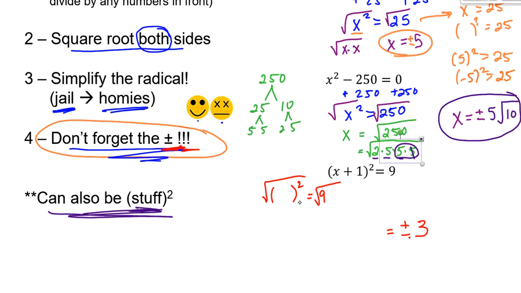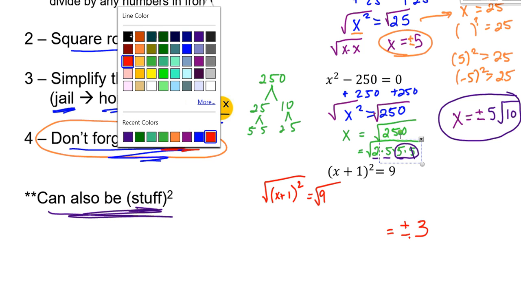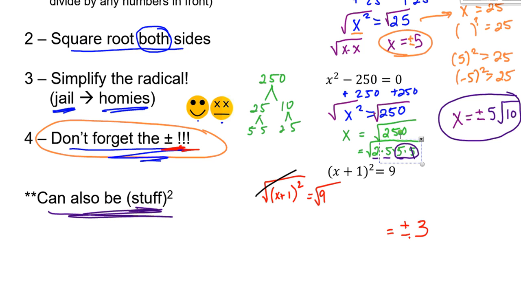It is something squared. Well, if something's squared under there, the square root and the squared still cancel out. Just because this says x plus 1 inside there, that square root and the squared cancel each other, just like they did up here with the regular x squared. Because there's 2 of them and the homies can help each other out. Just because the homies are bigger, they're in a set of parentheses, they're the bigger homies.